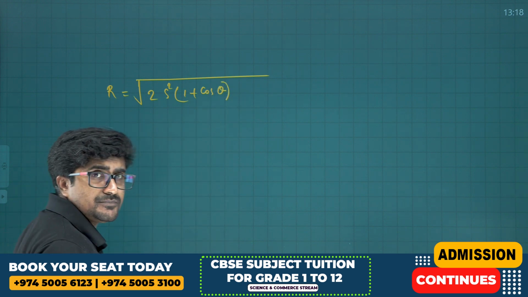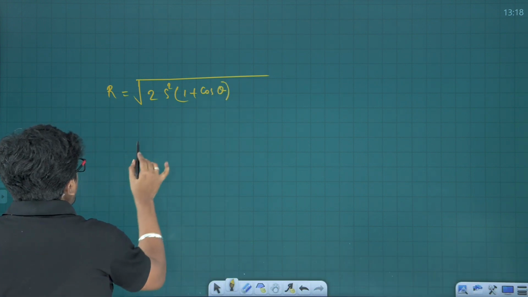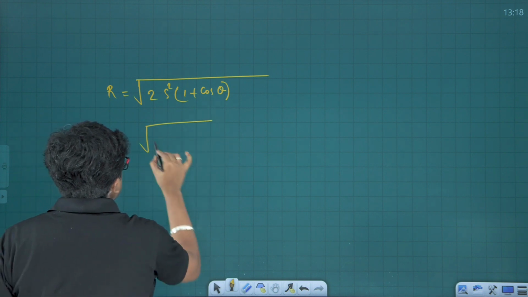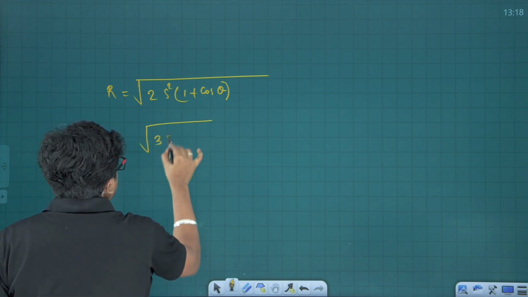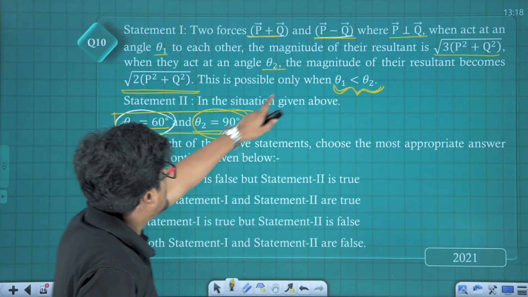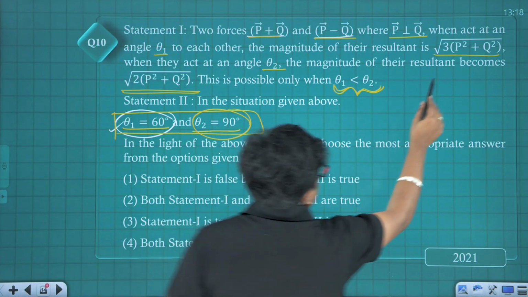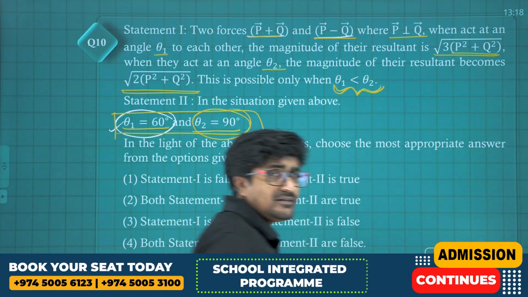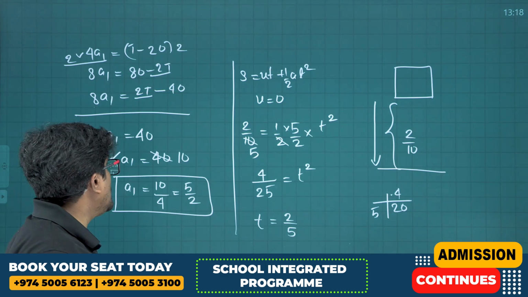This is the general expression. Now the first part says here this is 3 into S square. If I take this as S square, that needs to be root of 3 into S square.